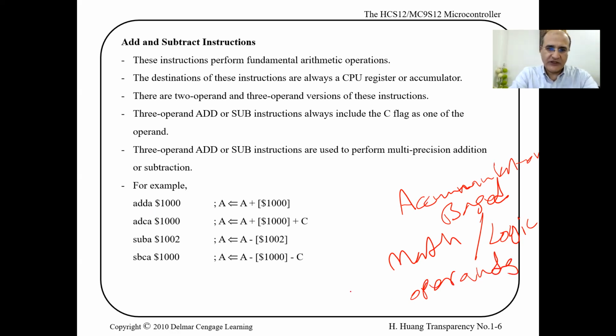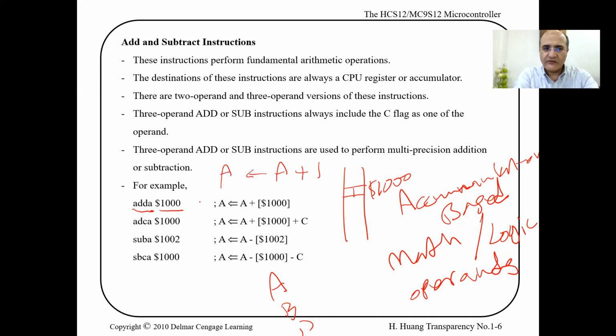The accumulators are registers A, B, and D. Okay? So you have a register, for example add A, memory location 1000. So you go to memory location 1000. Okay? You have a number here. Let's say 1. You go add 1 to A and save it in A. Okay?